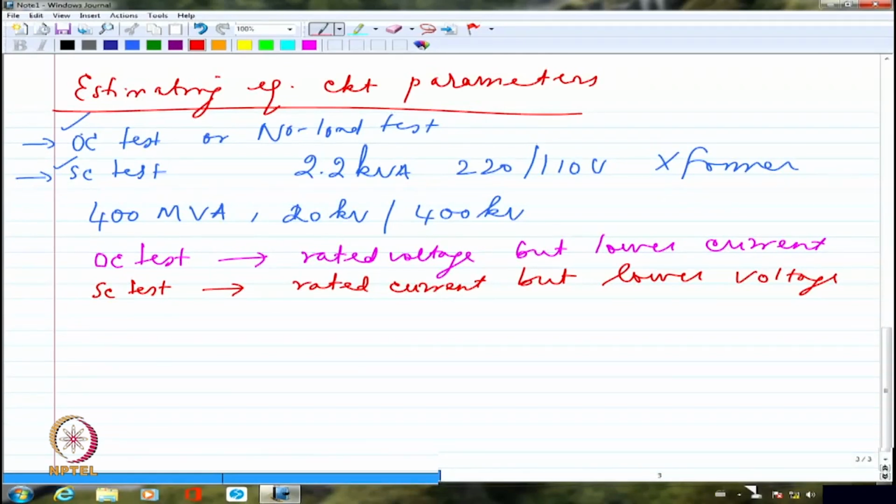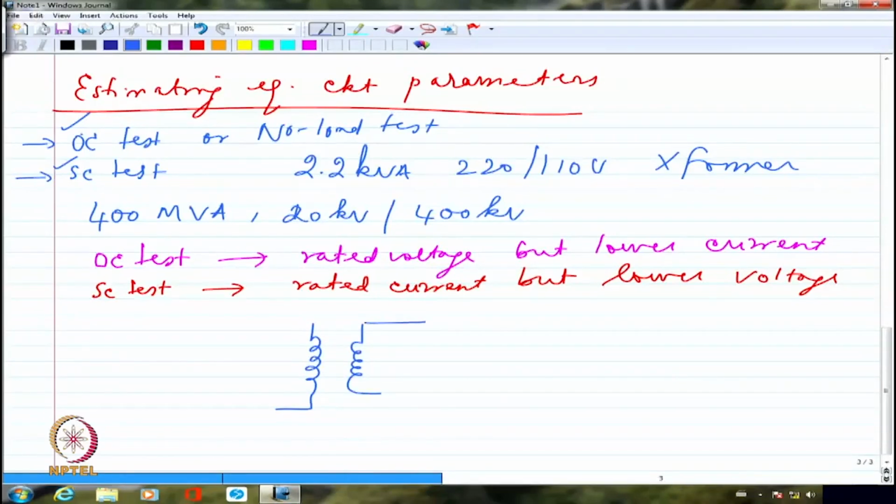So in the open circuit test, as the name indicates, we are going to keep the secondary open. Let us say this is my transformer, and here is my core. I am going to keep this open circuited.